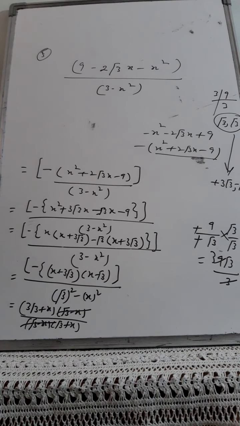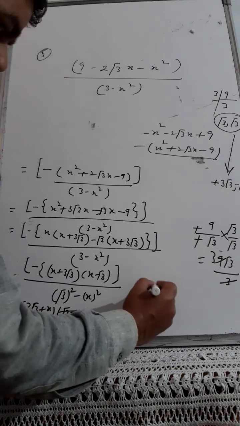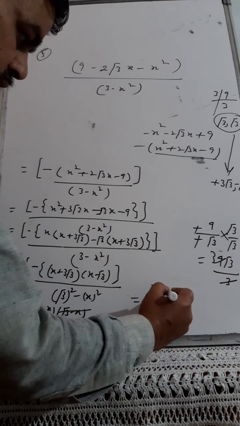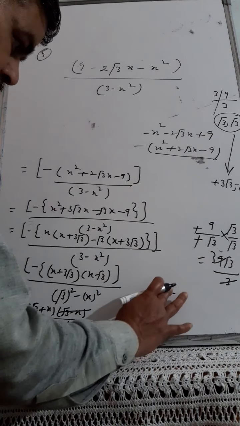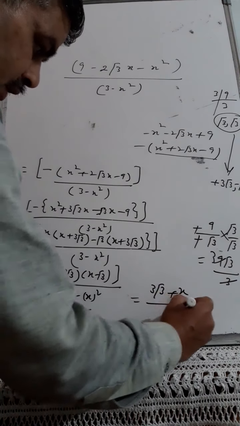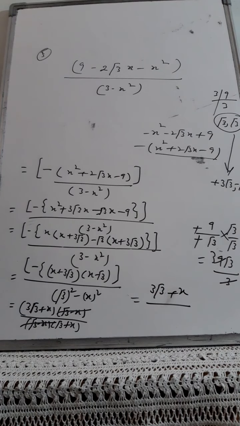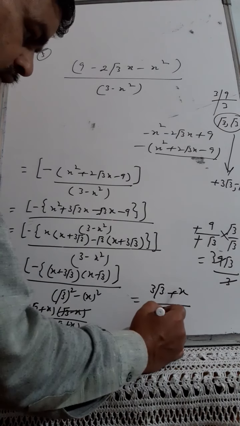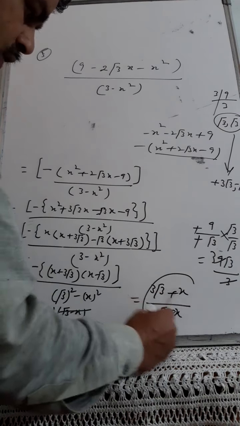So finally you are left with 3 into under root 3 plus x upon under root 3 plus x. So here you can leave your answer.